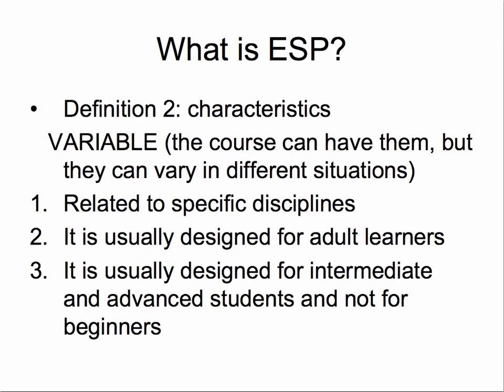So the ideal ESP context is learners who have some background in English, on which they can upgrade their knowledge in ESP. Of course, ESP can be started with beginners, but ideally a good ESP setting is with adult, intermediate or advanced learners.